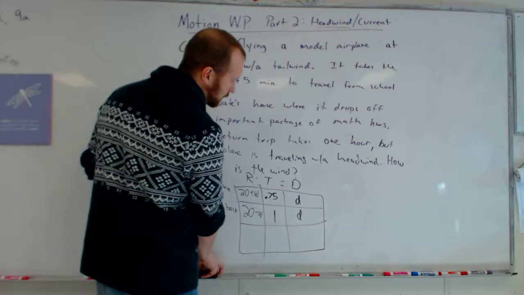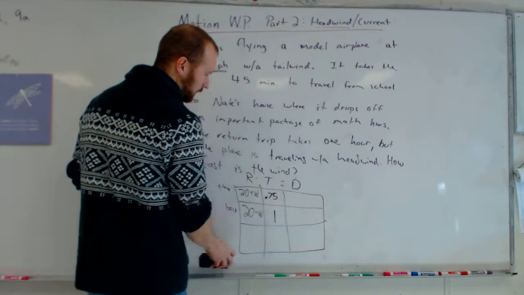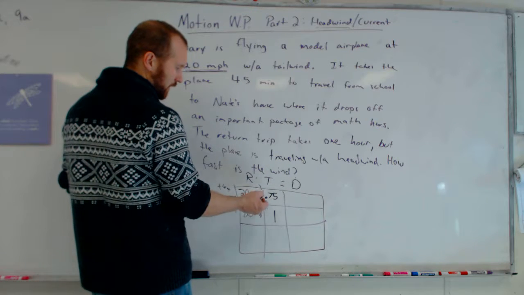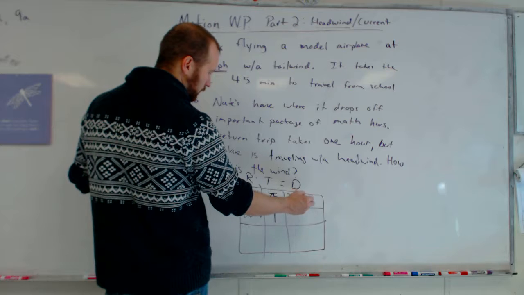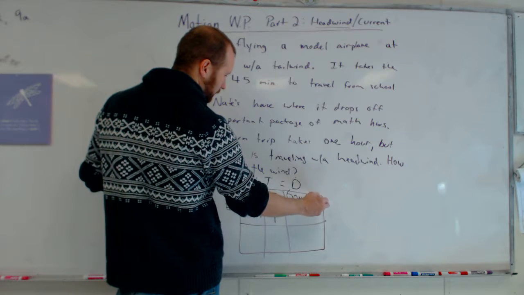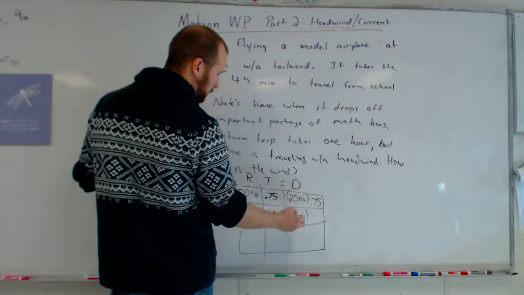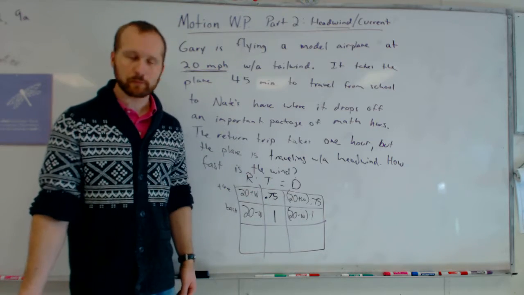Technically, what I can do is the same thing we did to solve the other problems. The distance is the rate times the time. So it's 20 plus W times 0.75. And this one is 20 minus W times 1. So it's just 20 minus W.